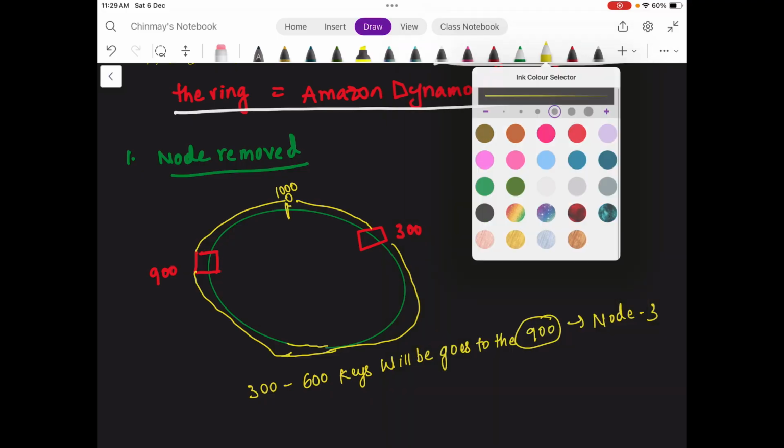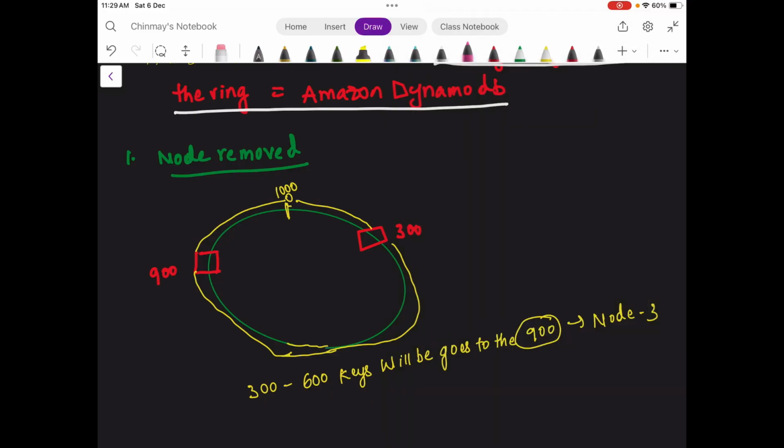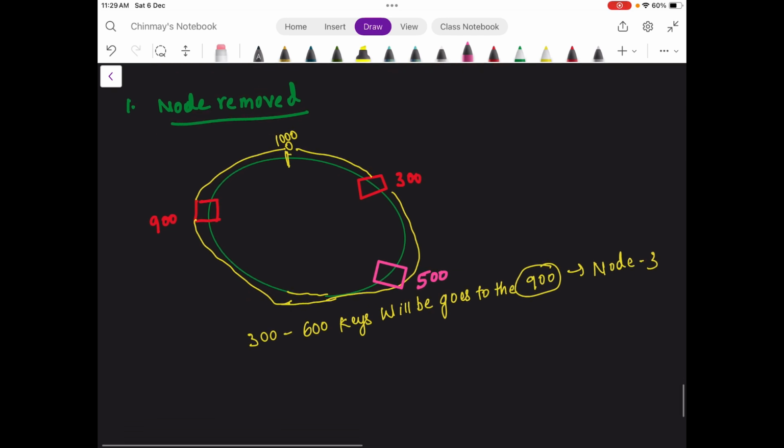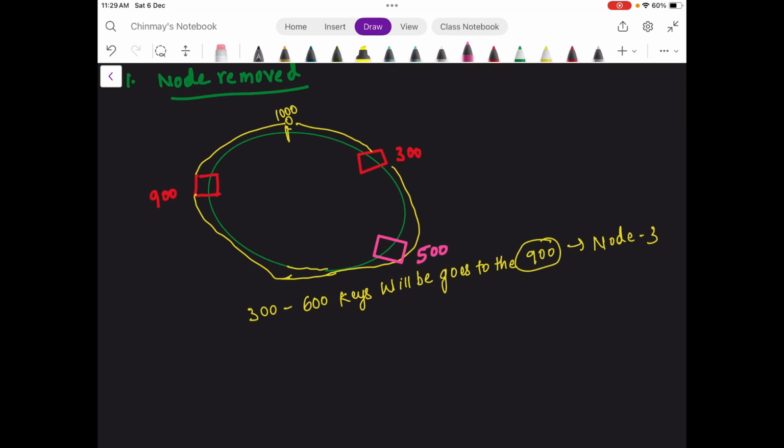For example, a node will be added here. This is 500. What will happen when the node is added?